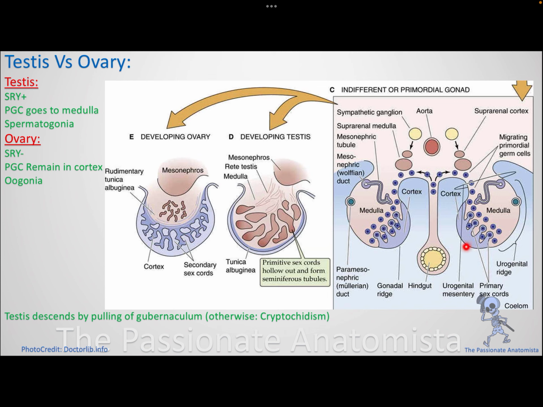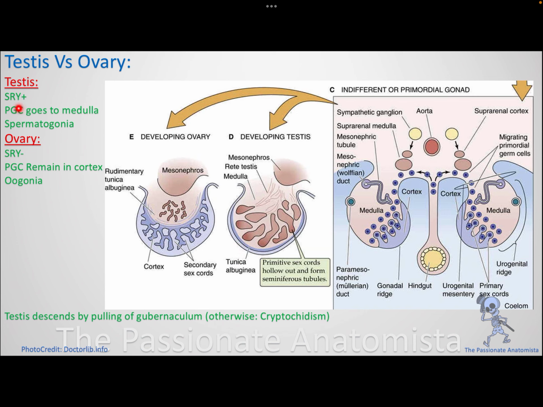And then the primordial germ cells are going to migrate from the mesentery of the hindgut, coming all the way from the yolk sac to fill in all these sex cords, finally with the oogonia or the spermatogonia. How do we determine whether we get into the male or female?